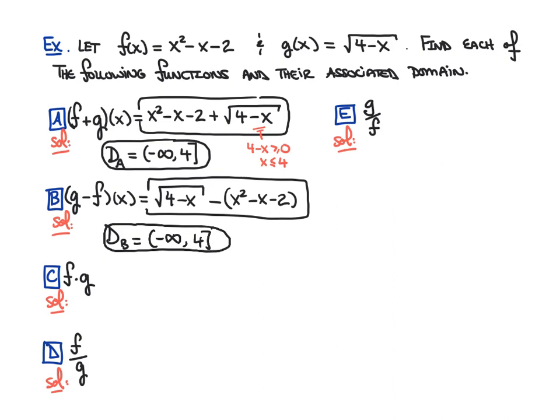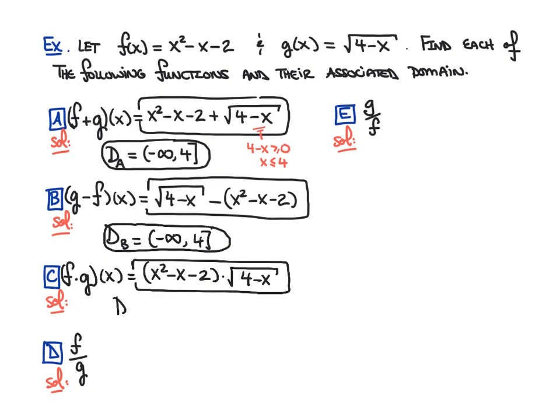For part C, if we want to take a product, we're just going to write f, which is x squared minus x minus 2, and you multiply by g, which is 4 minus x. Make sure to use your parentheses. The domain here is going to be the same. You still only have the domain restriction on the square root part.